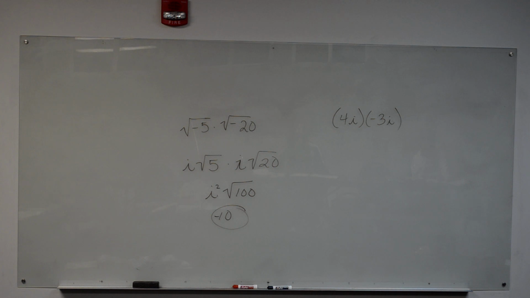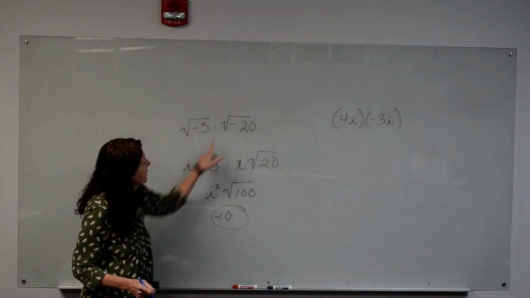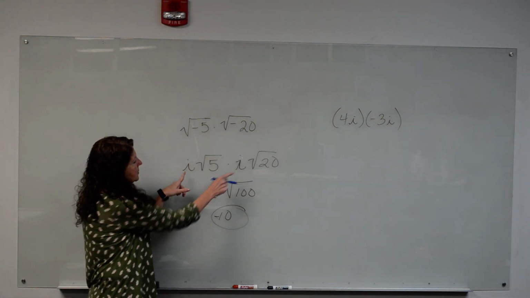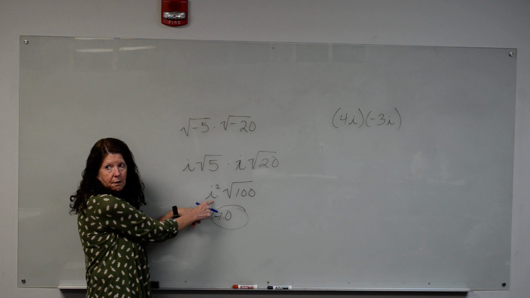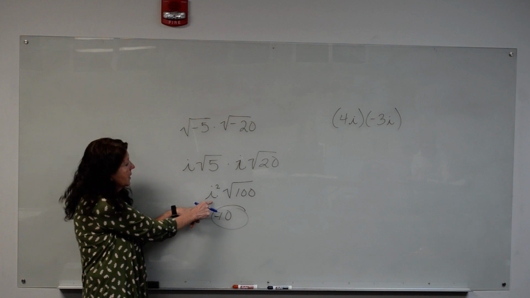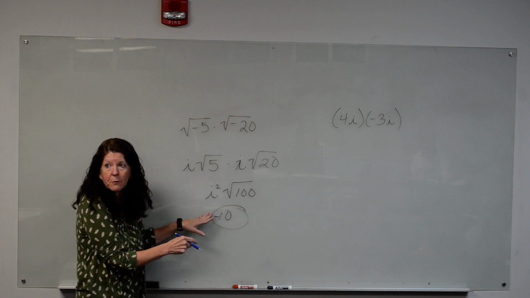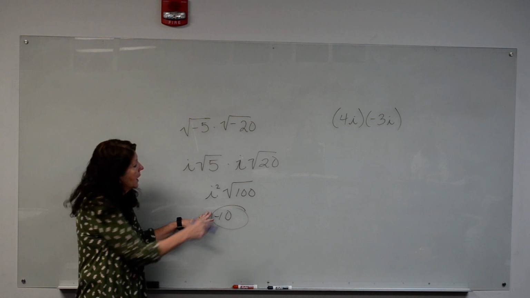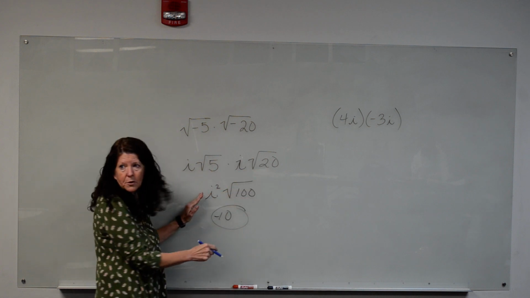Cool. Okay. Can you explain to me the other one as well? This one over here? Yeah. Okay. I pulled an I out of each one of them. Then I multiply what's on the outside. Because it's I squared, I replace it with negative 1. And then I have 5 times 20, which is 100.